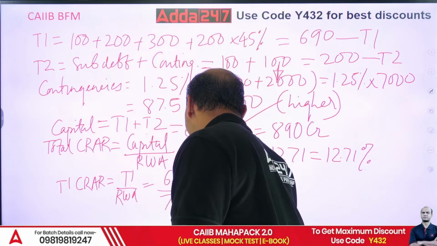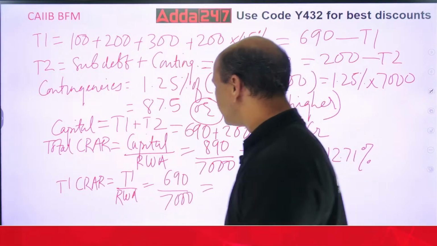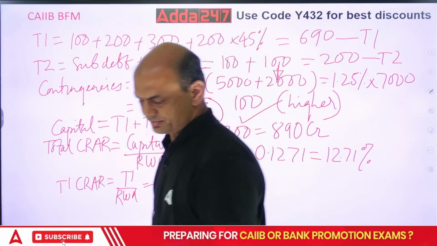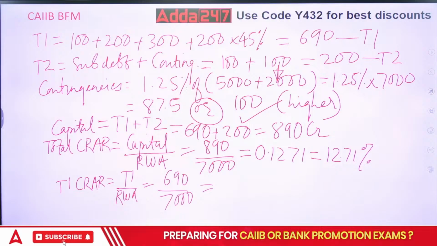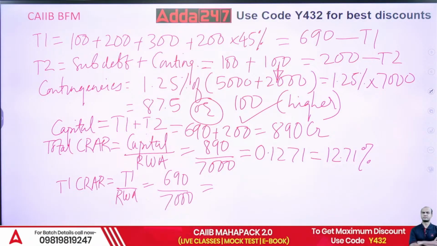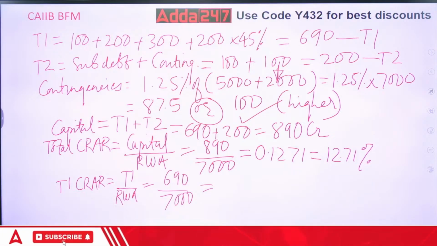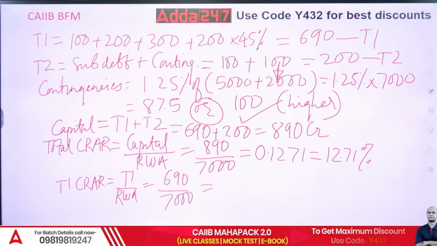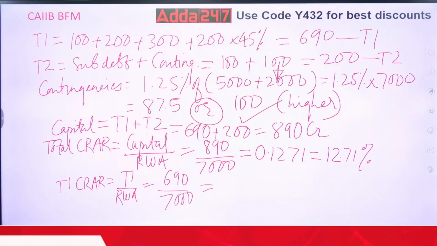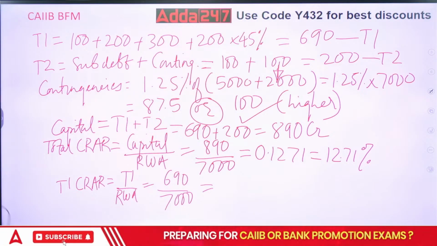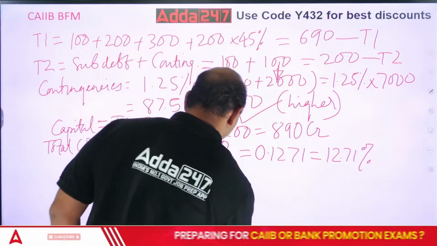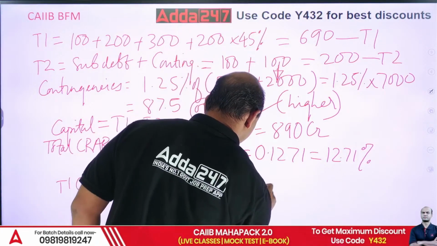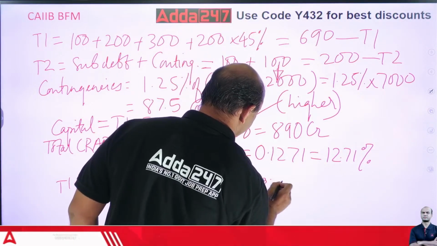So do it, everyone. 690 upon 7,000. What are you getting? So 0.0985 I am getting. Are you getting the same?